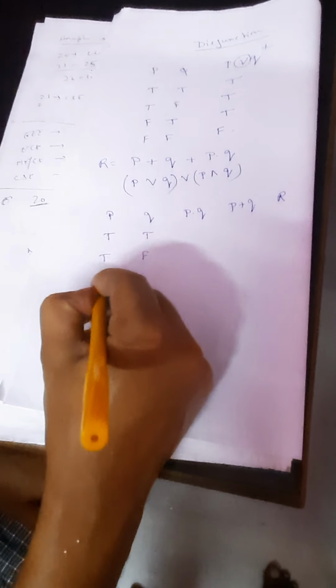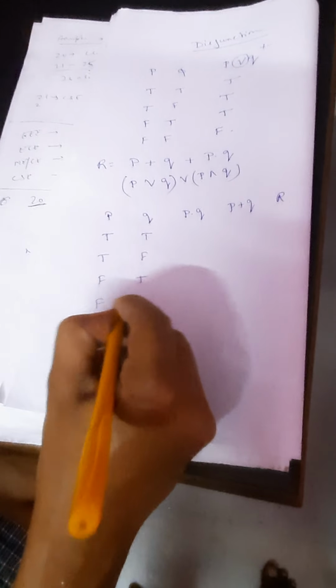So what are the independent variables? P, Q, P dot Q, P plus Q, and the result. What is the result? The result equals this. Okay. Now the options are: TT, TF, FT, FF.